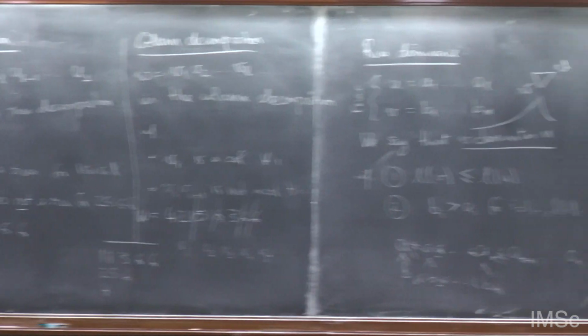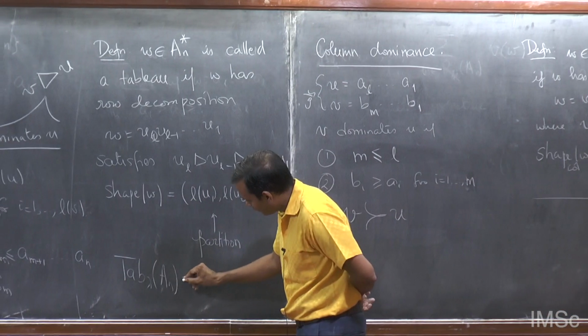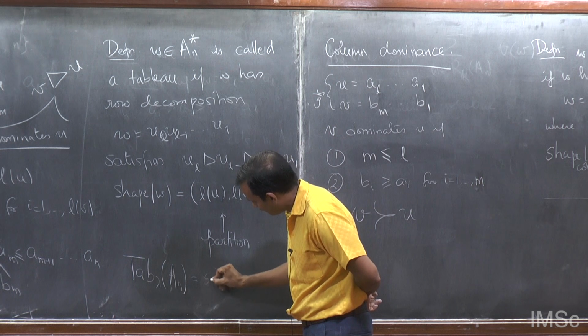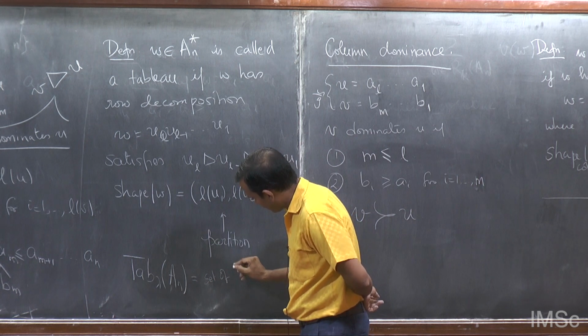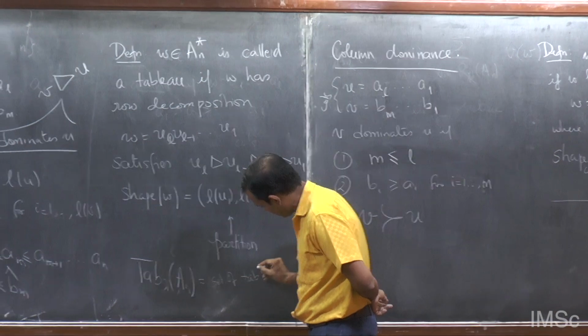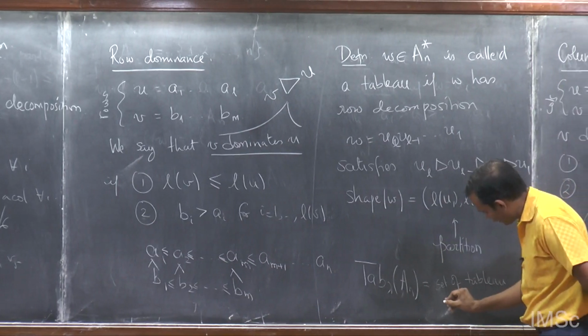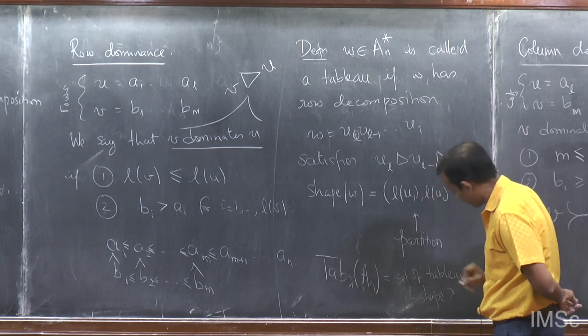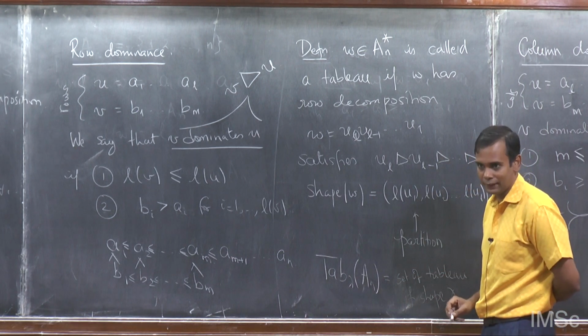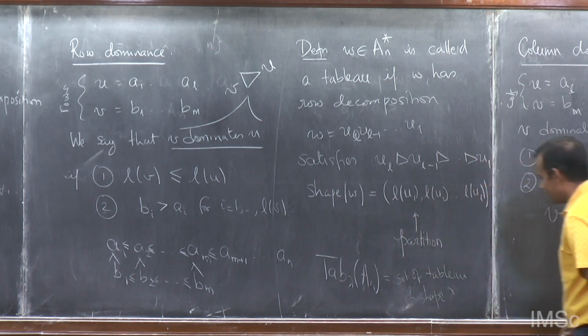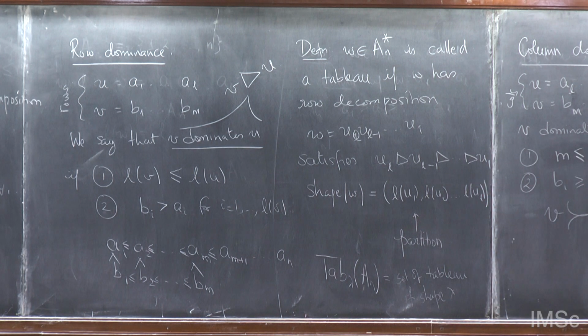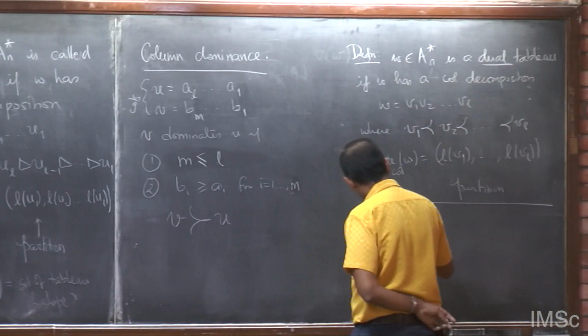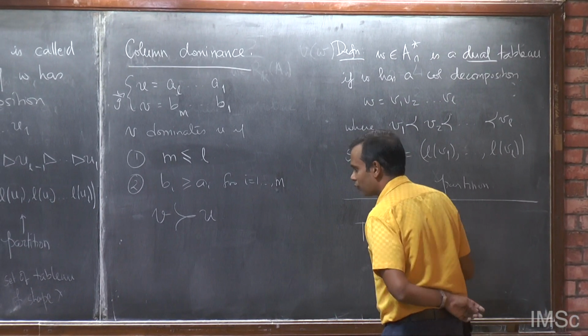I'll use the notation Tab lambda A n to denote the set of all tableau words of shape lambda in the alphabet A n, and I'll use Tab star lambda to be the set of all dual tableaux.